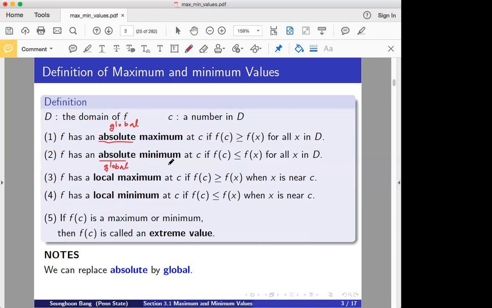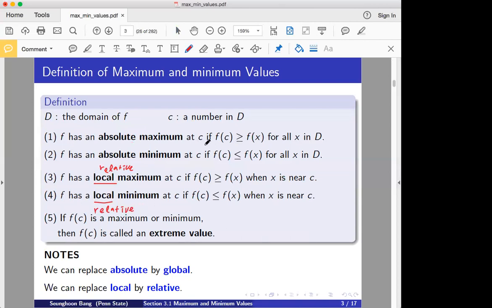We can also replace local by relative, since a local maximum is exactly the same as a relative maximum. So local minimum is the same as relative minimum. You can change it like this.